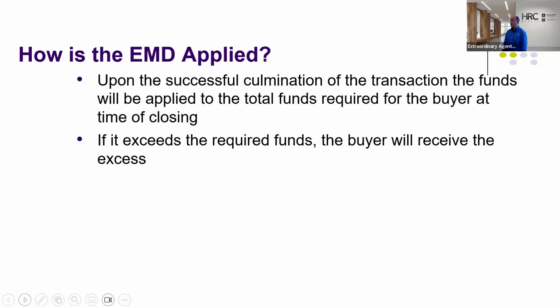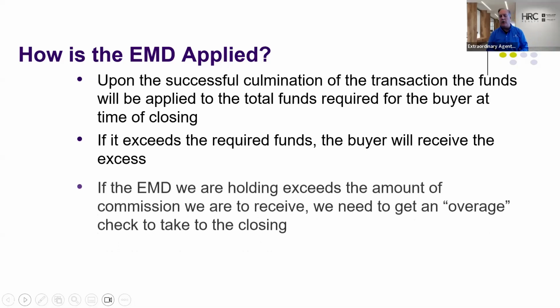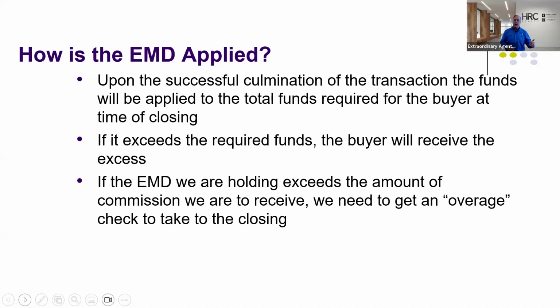Could be I've got a lot that I'm buying for $75,000 and I'm paying cash and I wanted to make sure that they take my $75,000 on a $100,000 asking price. Here's the whole $75,000. And so there's lots of reasons we might have that overage. Keep that in mind. If the EMD we're holding exceeds the amount, we got to ask for that overage. I don't think there's any issues for that.